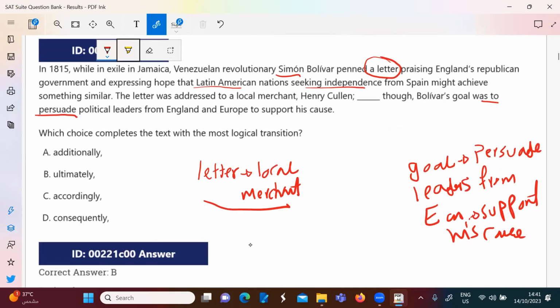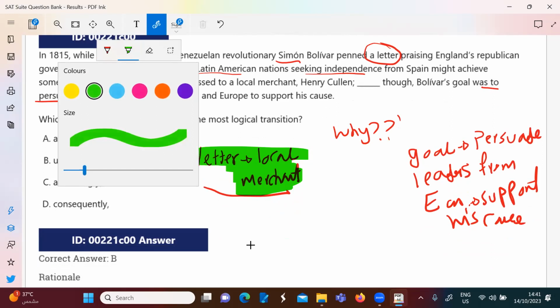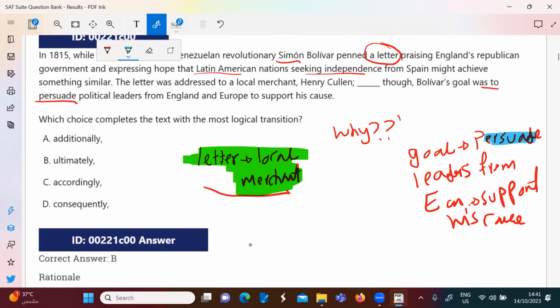What's the relationship here? He handed the letter to the merchant. Why did he hand it to the merchant? Because that was a step, because his goal was to persuade leaders to support his what? His cause.